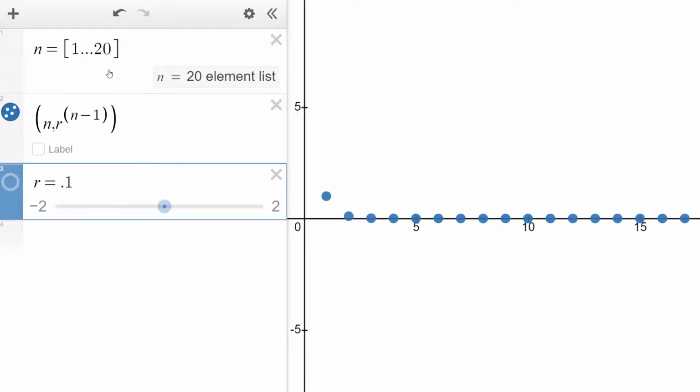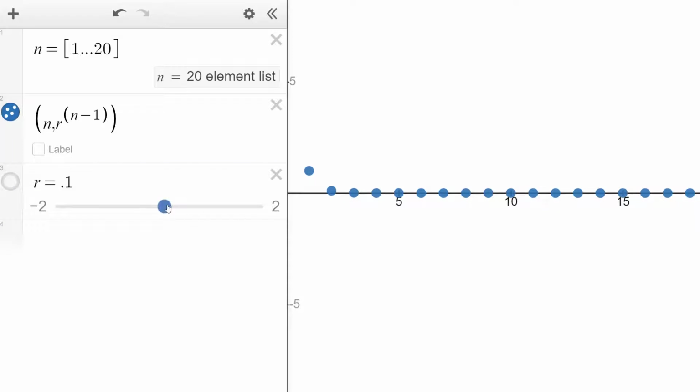So here we are at Desmos. I've just created a 20-term sequence. The sequence is just going to plot the n value, 1, 2, 3, 4, and then r to the n minus first power. So this is basically our sequence that we're looking at. If r is less than 1 in magnitude, here is the plot of the values. So watch what happens as you increase r.